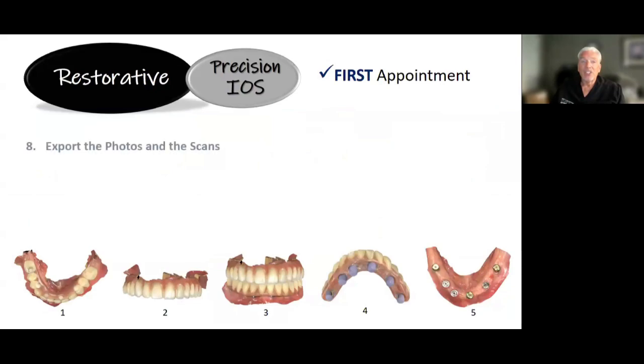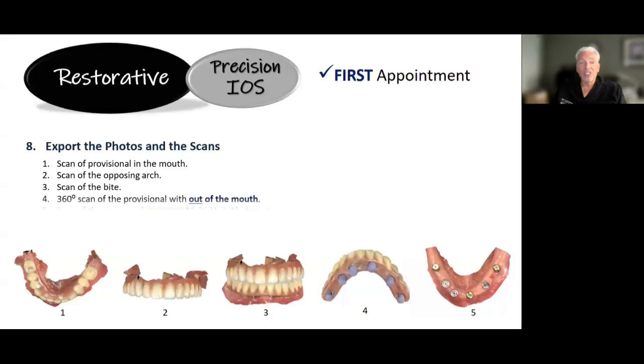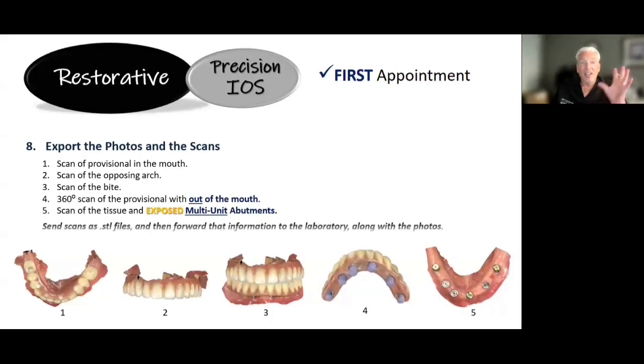You scan those, and then you upload all that information to the laboratory. You're going to reseat the provisional the patient came with. So that's your first appointment, and the patient leaves the way they came. And now we've got all this wonderful information.